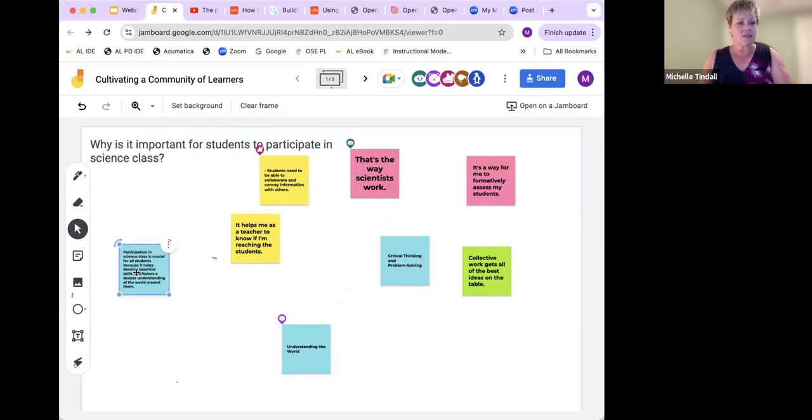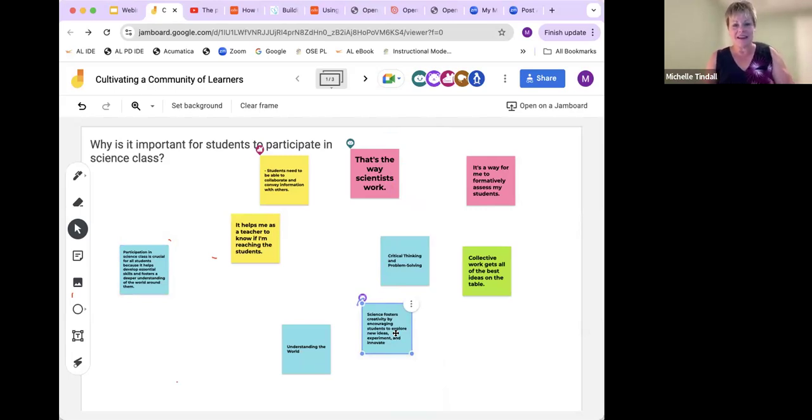Participation in science class is crucial for all students because it helps develop essential skills and fosters a deeper understanding of the world around them. So when we think about all these reasons for students to participate in our science class, they really are giving them life skills. And it's the ones who are participating that are actually doing that learning.